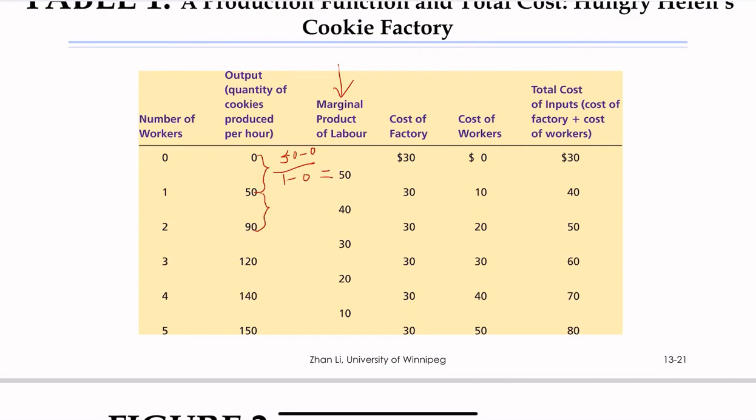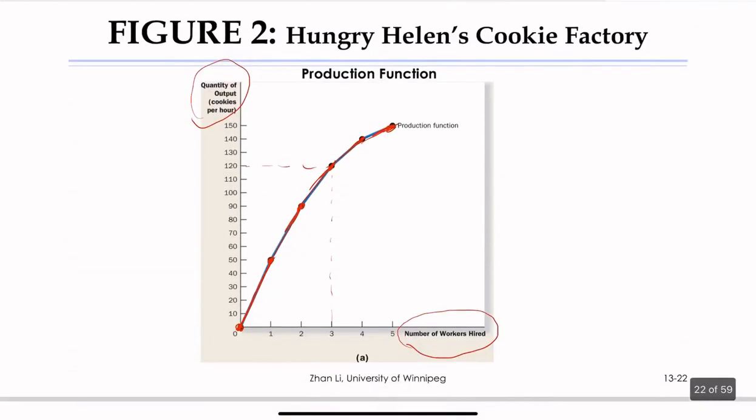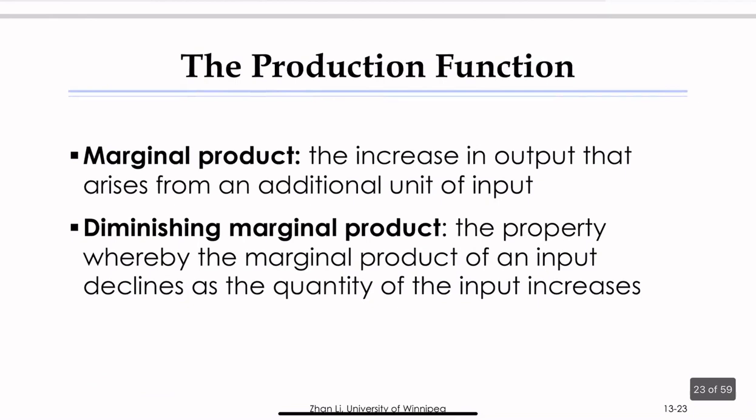If the number of workers increases from 1 to 2, then output increases from 50 to 90. So this gives us 40. And then by the same process, this would be 120 minus 90 divided by 3 minus 2, which equals 30. So it's quite easy to calculate.